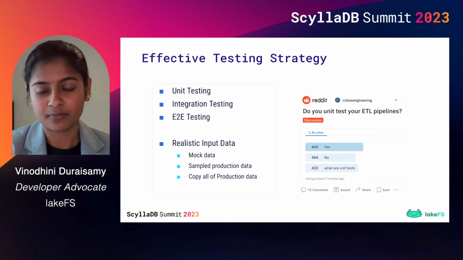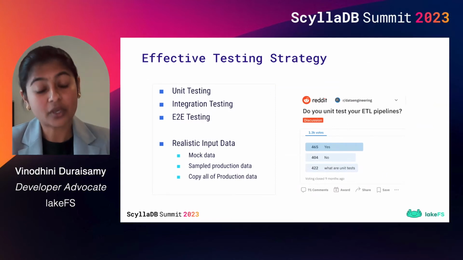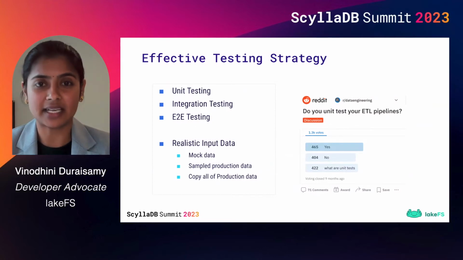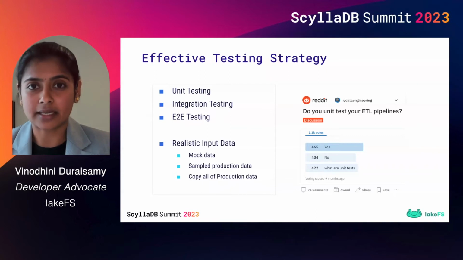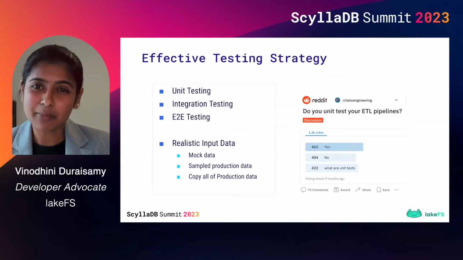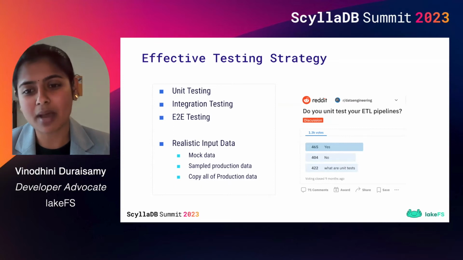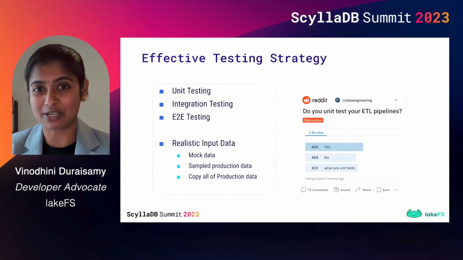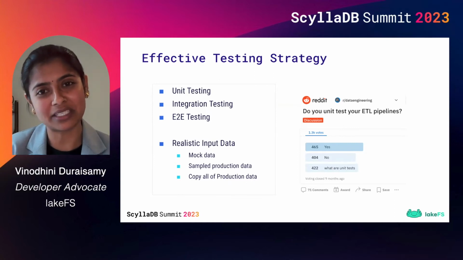Now, because of all these changes, we need to come up with an effective testing strategy to test our data pipelines. But then, do all of us test our data pipelines? Not so much. So, here you can see the poll that I posted on Reddit Data Engineering from actual data engineers working in different companies.